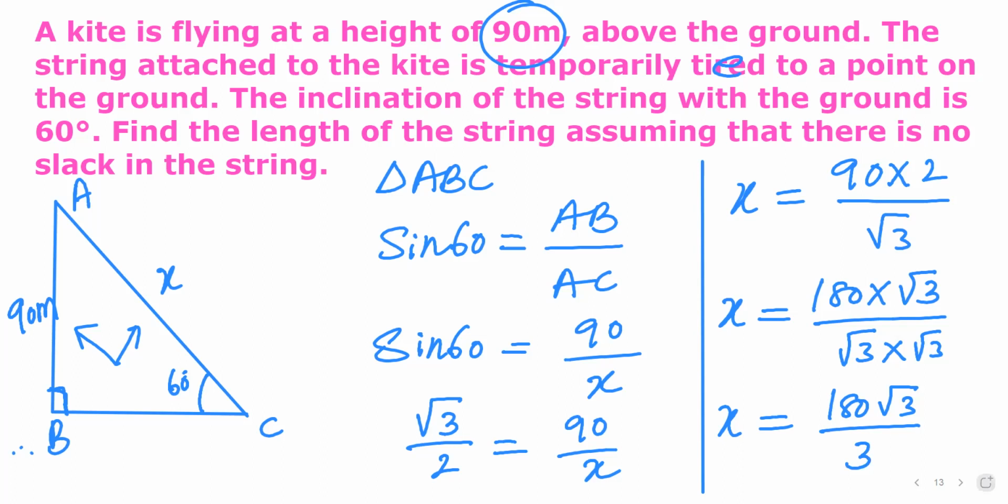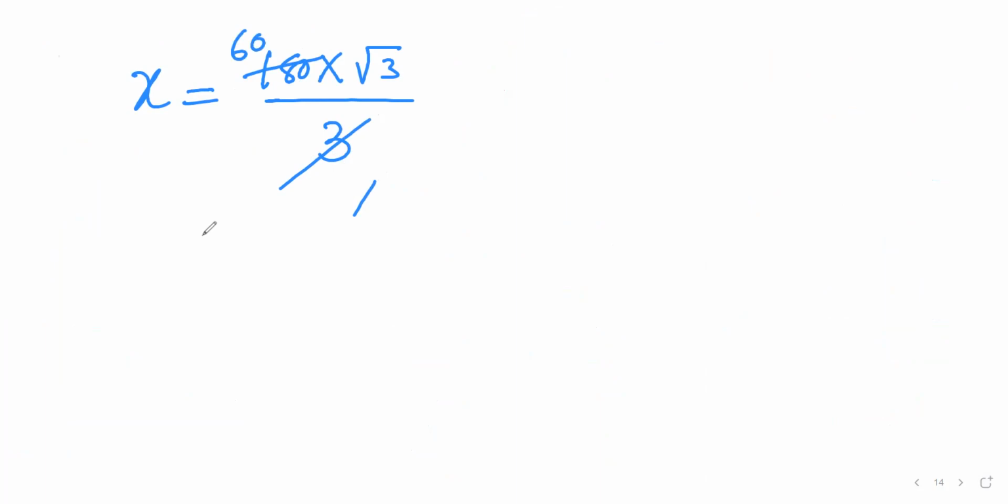So now x equals 180 into root 3 divided by 3. 3 ones are 3, 3 sixes are 18, that is 3 sixties are 180.